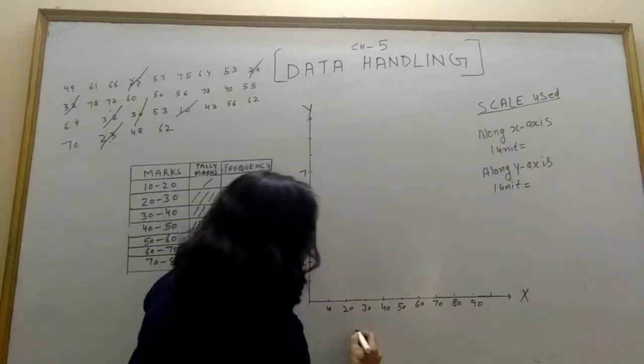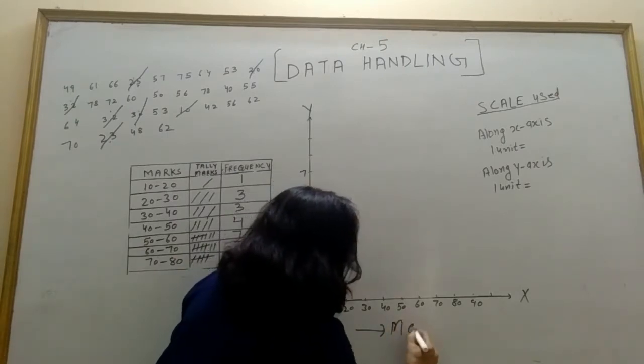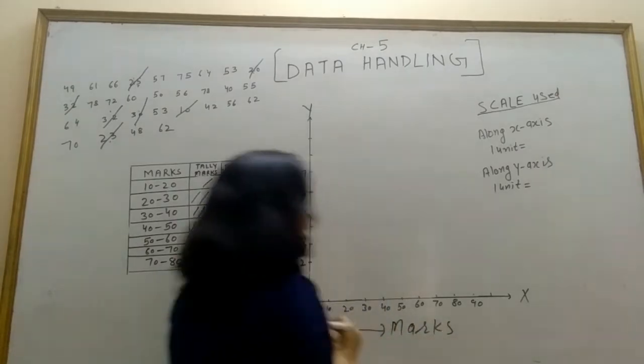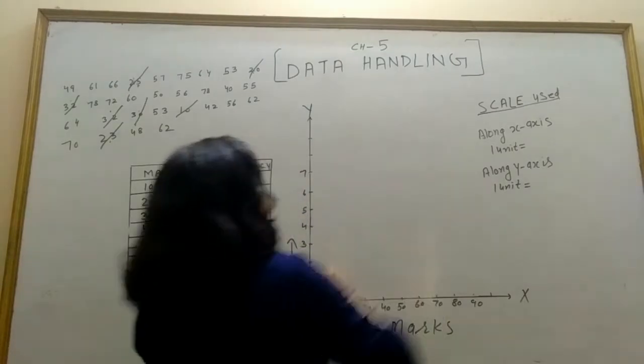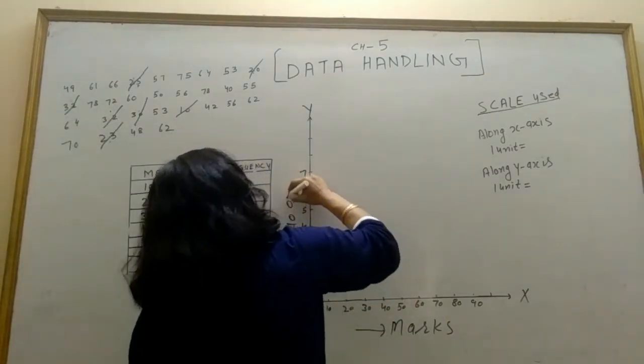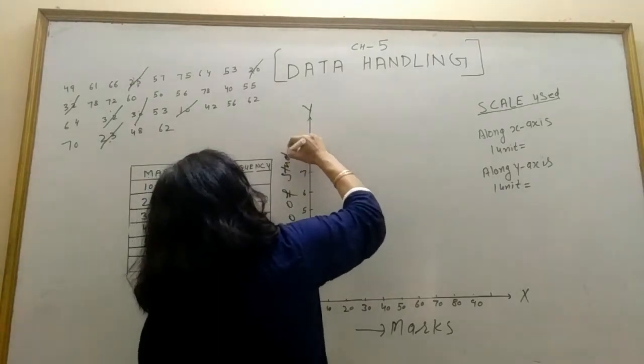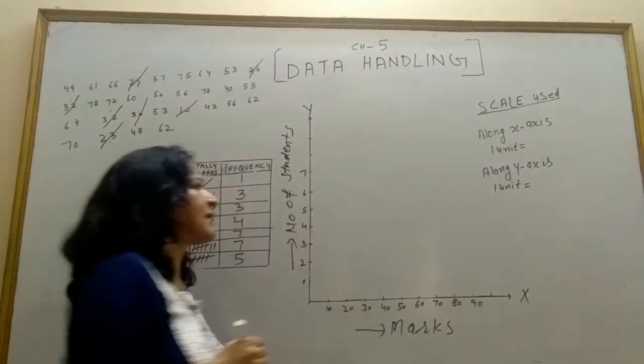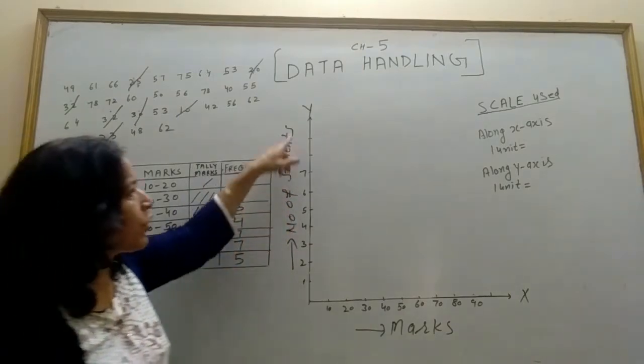This side, marks along the x-axis, and along the y-axis, number of students. The x-axis represents marks and the y-axis represents number of students.